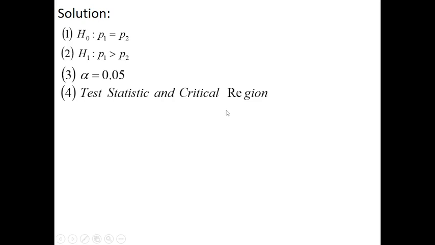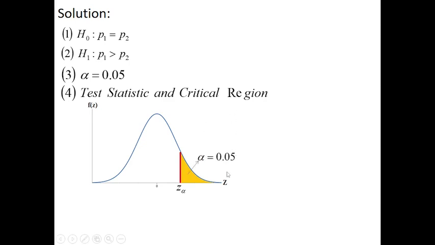Okay? So the test statistic is a z-test, and it is a one-tailed test. This is z sub alpha, the area to the right, which we will get using table 8.3.